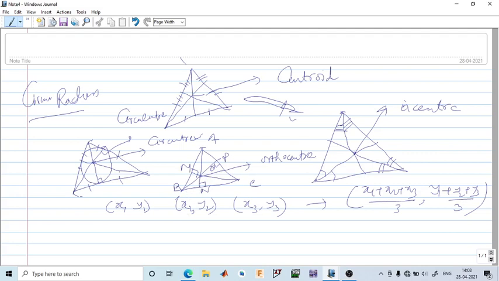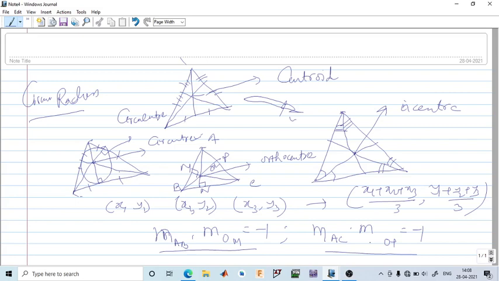What we often do: slope of AB times slope of OM equals -1, and slope of AC times slope of OP equals -1. These are the conditions of perpendicular lines. We will use these conditions to find the orthocenter.